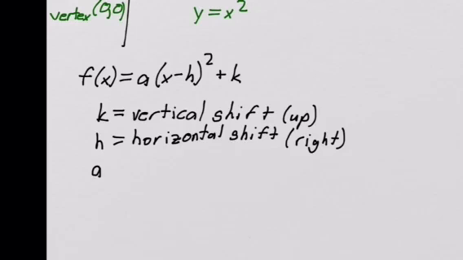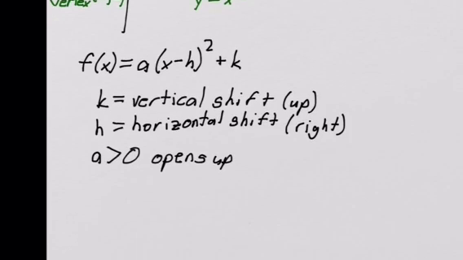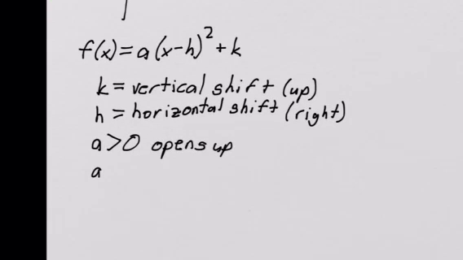We're not going to worry too much when sketching about the vertical scaling. It will make a difference, but the big thing that we're going to be concerned about is that if a is greater than 0, the parabola opens up. And if a is less than 0, the parabola opens down.